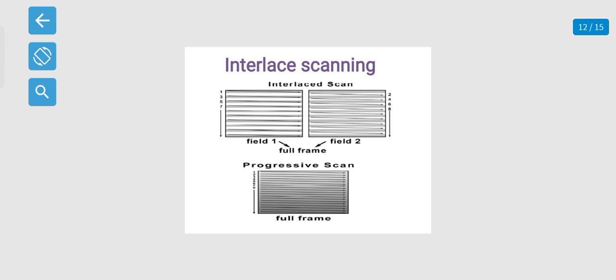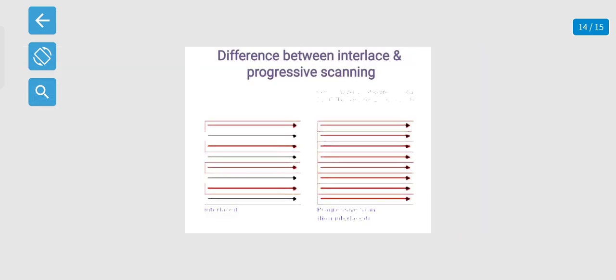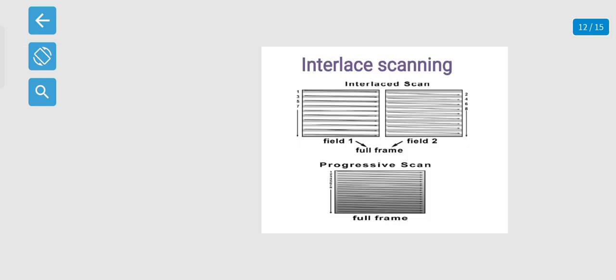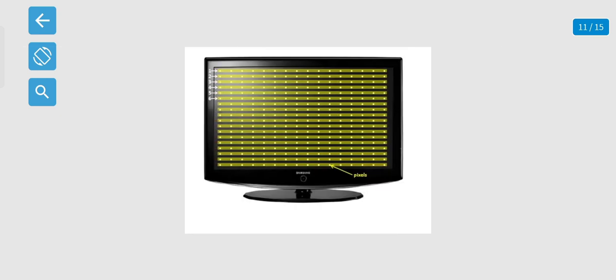The total information contained in a scanned image is known as one frame. One frame consists of two fields. Therefore, frame frequency is 25 frames per second.